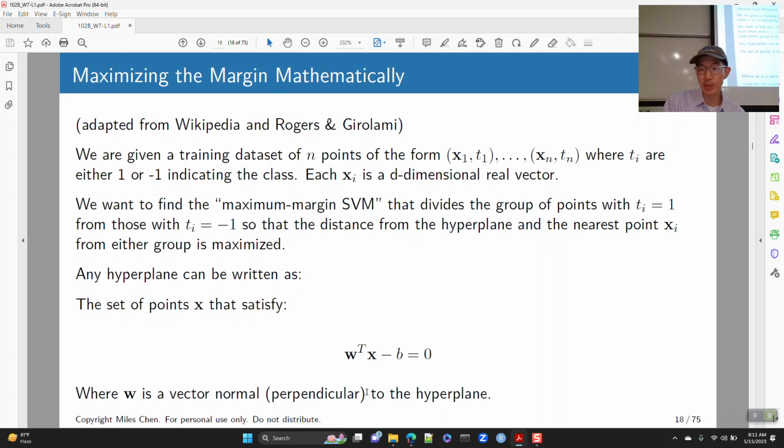We're going to do some math here, and let me give you a disclaimer. We'll start off with some concepts, and then we're going to get to a point where we just say, okay, we can't do any more math. We're going to solve this using quadratic programming, which I'm actually not familiar with. I've never carried it out myself.